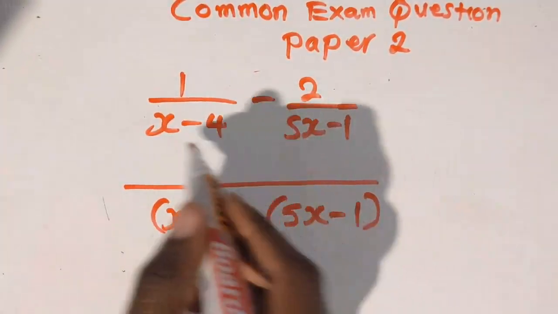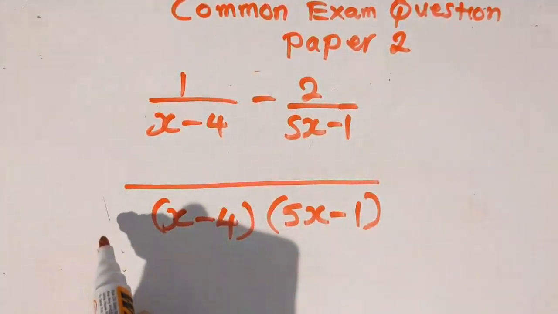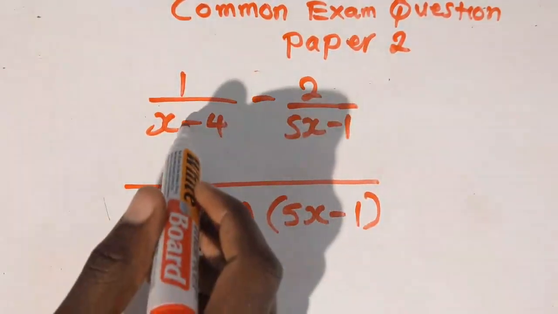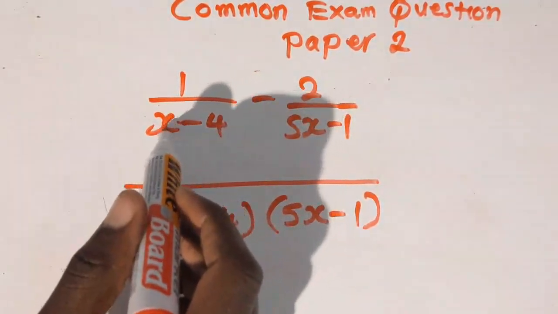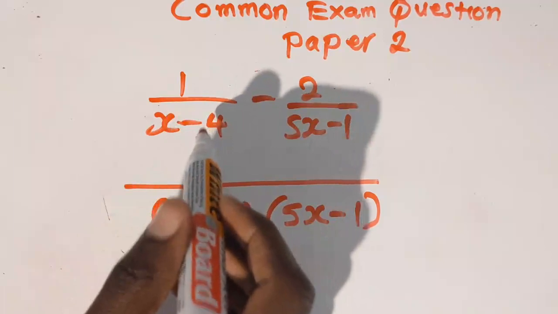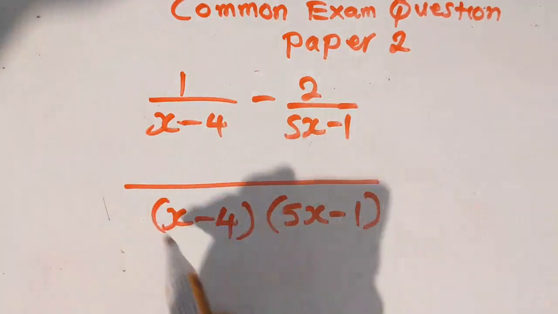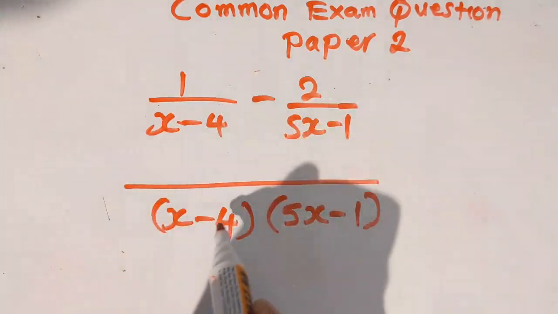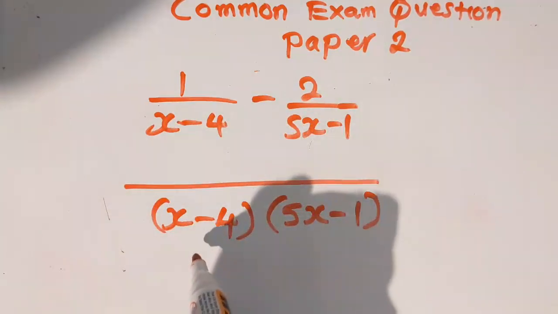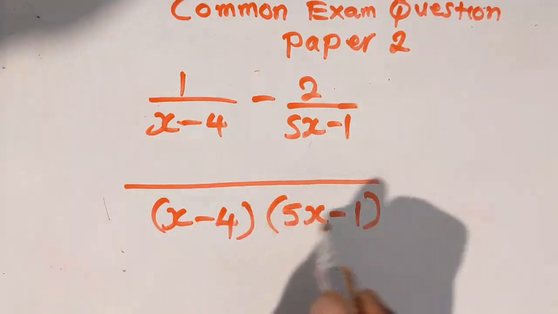So what you do is this x minus 4, it's going to enter in this how many times? It's 1 time, so it's just the matter of cancelling it. Then what is going to remain is this.